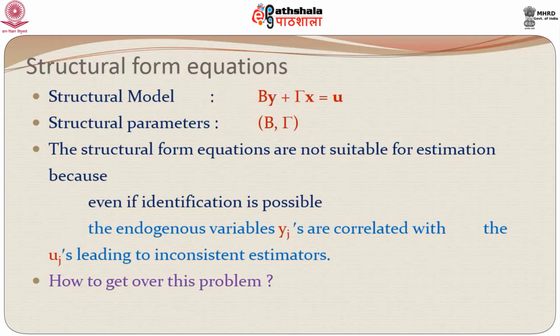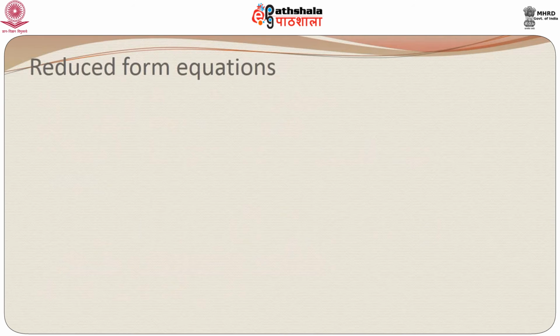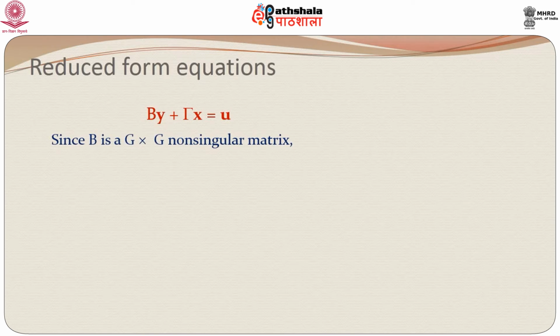Let us see. What is done usually is that instead of the structural form equations, we look at what are referred to as the reduced form equations. What are reduced form equations? We have By plus Gamma x is equal to u, and remember that B is a G by G non-singular matrix.